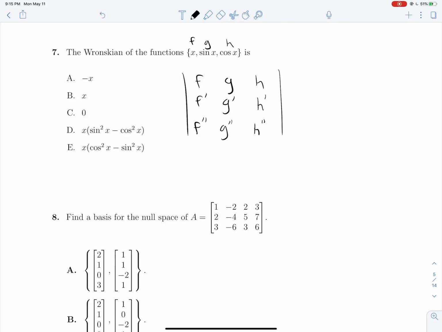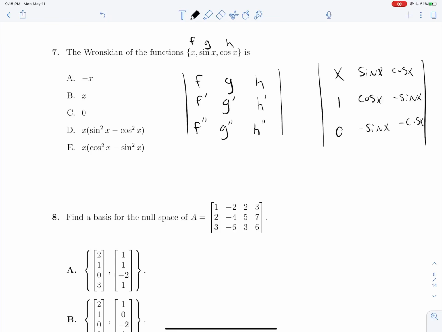This is not going to be particularly fun. Okay, let's just start filling all these guys in. We have x, 1, 0, sine x, cosine x, negative sine x, cosine x, negative sine x, negative cosine x.